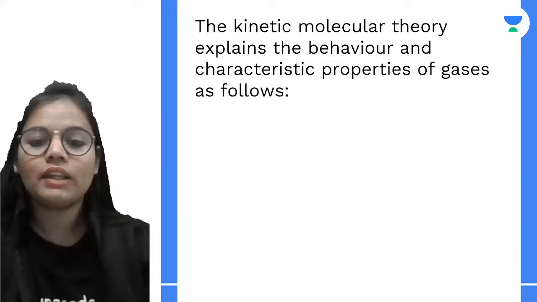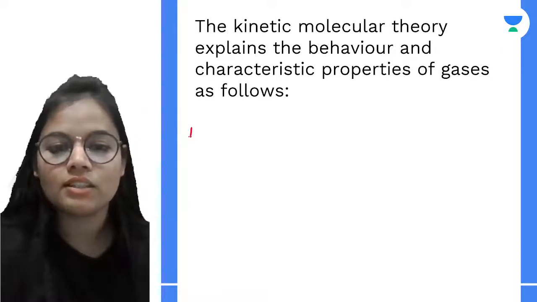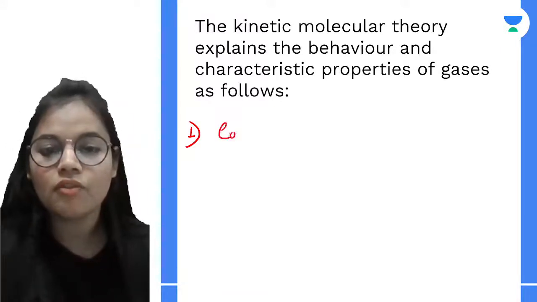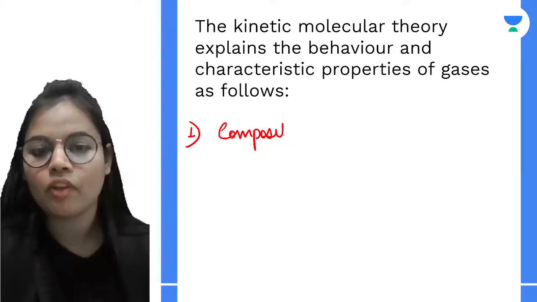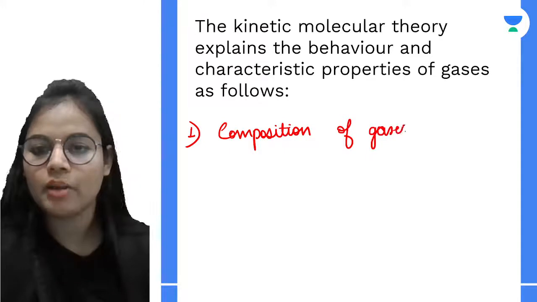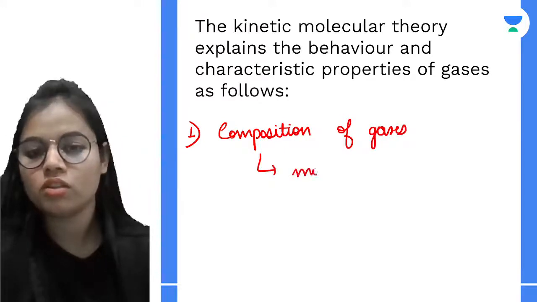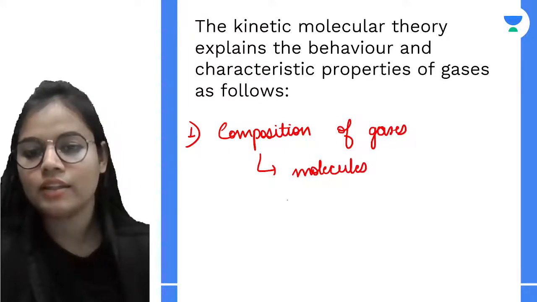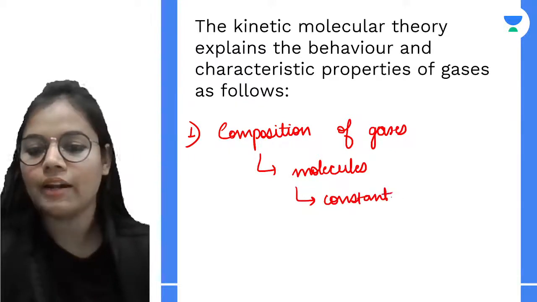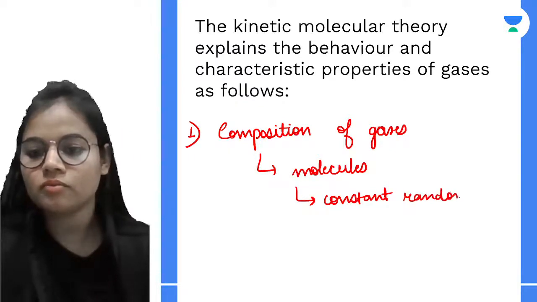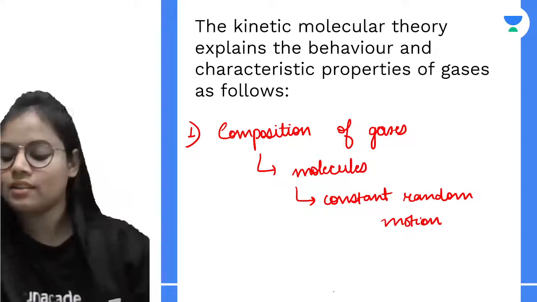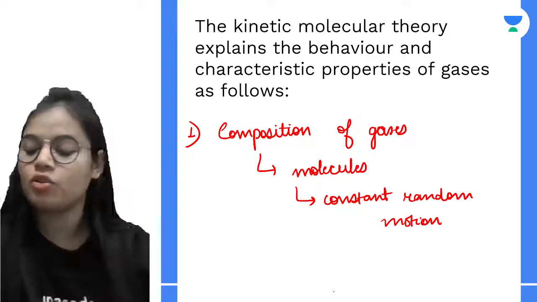Before that, first of all, we will discuss the different properties of gases. If I talk about the composition of gas, gases are made up of molecules, and these molecules are in constant random motion.